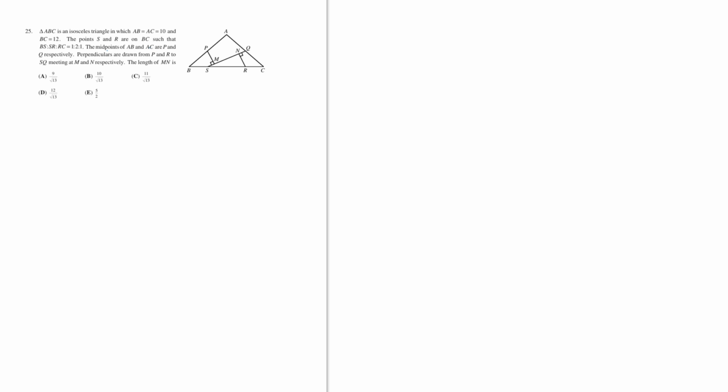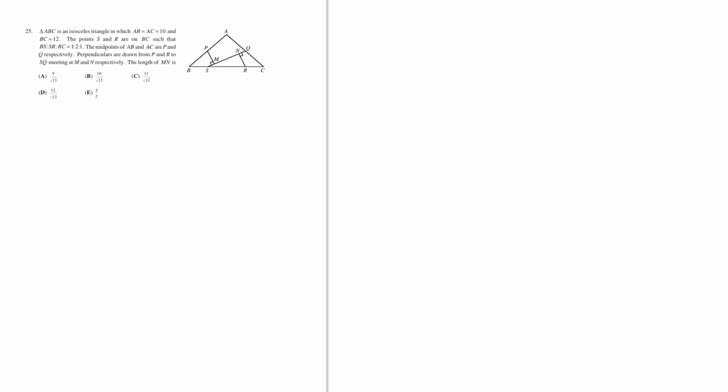Number 25. Triangle ABC is an isosceles triangle in which AB equals AC equals 10 and BC equals 12. The points S, R are on BC such that BS, SR, RC equals 1, 2, 1.